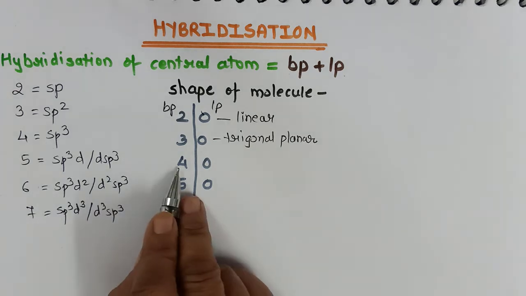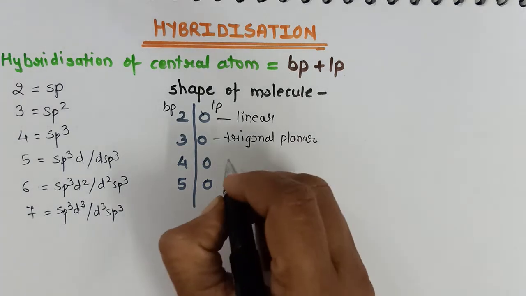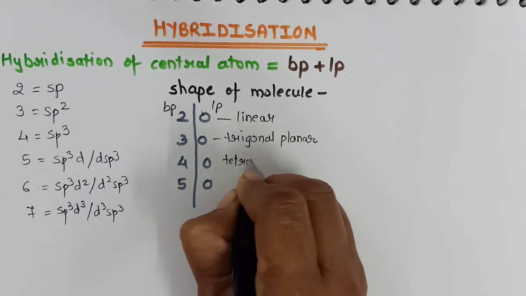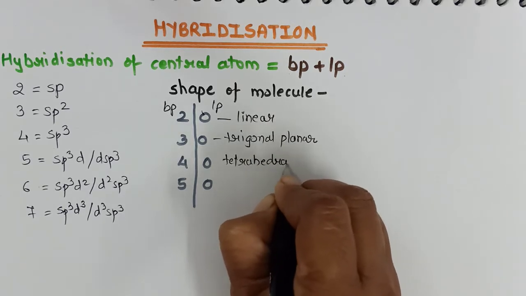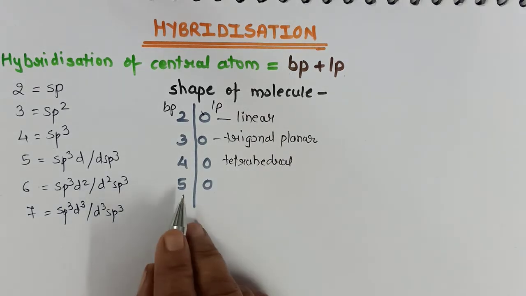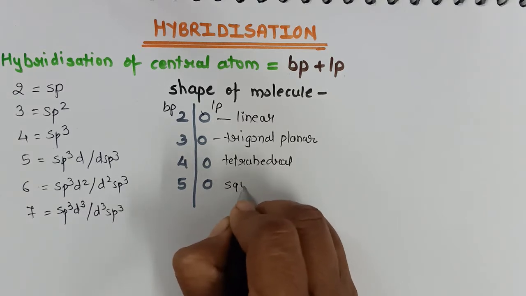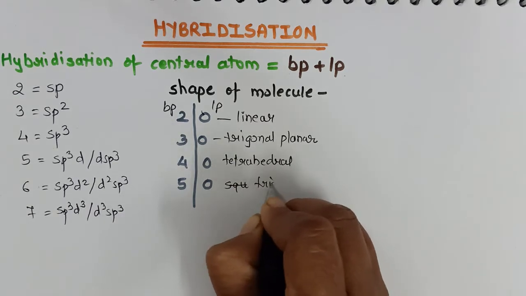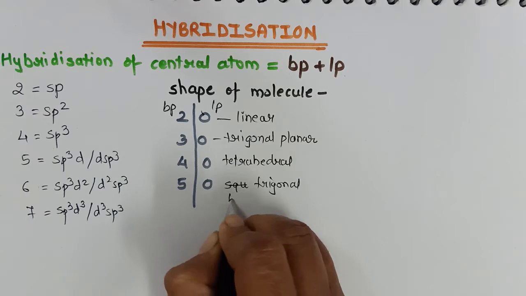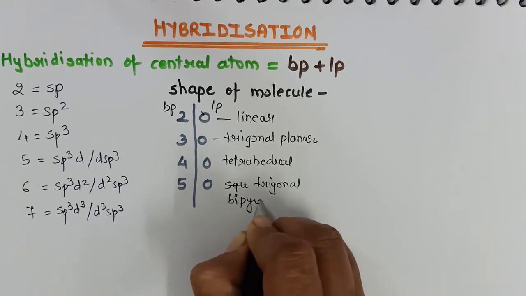If there are 4 bond pairs, then the molecule exhibits tetrahedral geometry, and if 5 bond pairs, then it exhibits trigonal bipyramidal.